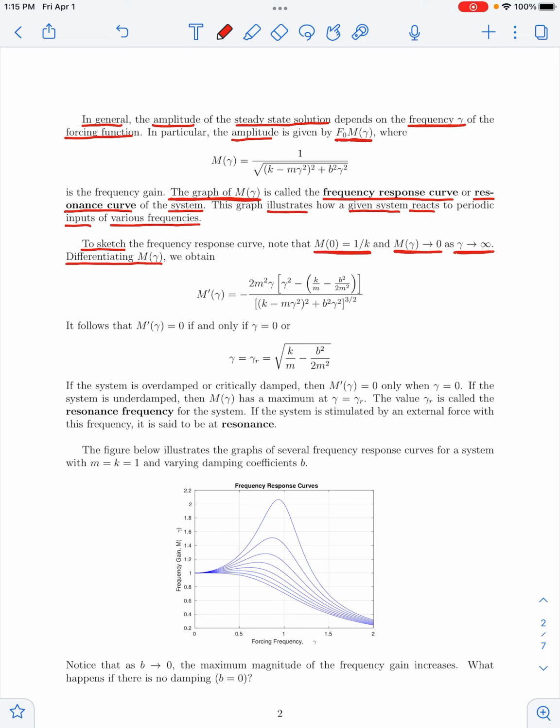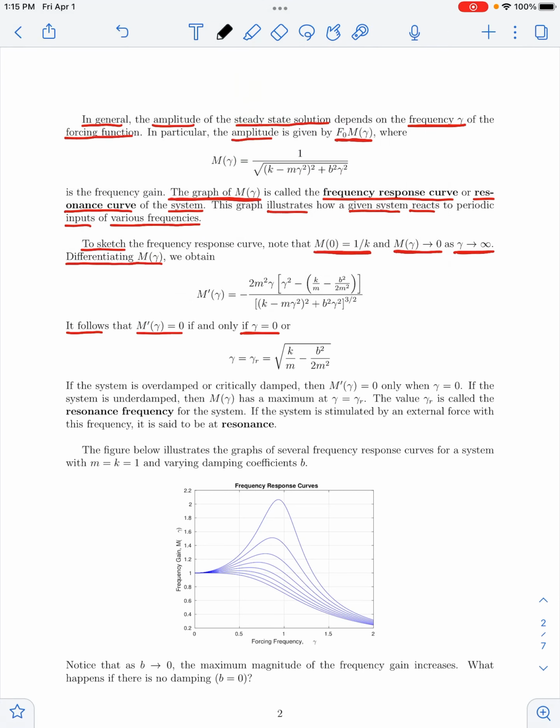And so it follows that m prime of gamma is equal to 0 if and only if gamma is either 0 or gamma is equal to gamma sub r, which is given by the square root of k over m minus b squared over 2m squared.